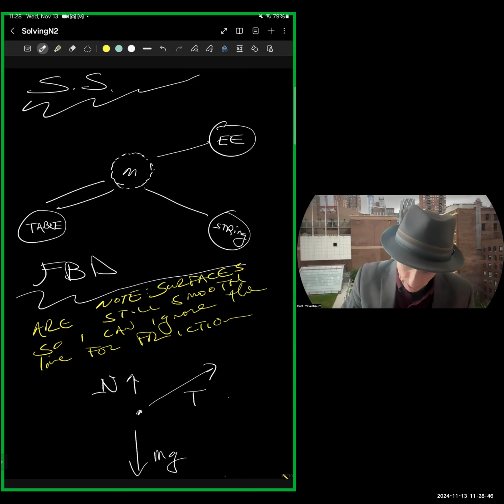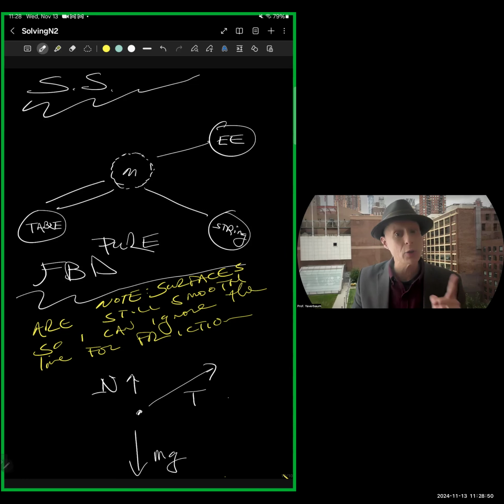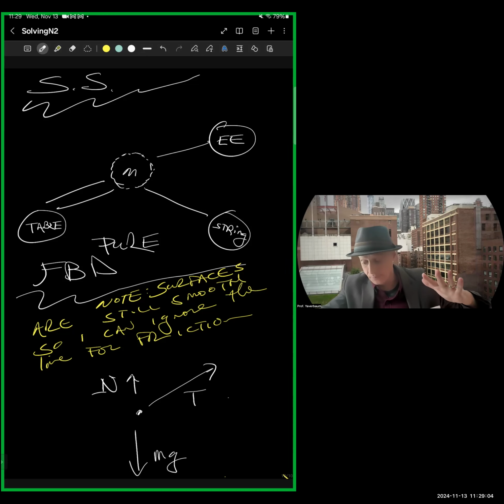This is my pure free body diagram. What do I do now? Remember, I'm now trying to solve a problem. I'm now actually trying to calculate the acceleration of the apple. So the next step, what I want to be able to do is to set up the math. I want to set up F net equals ma, one axis at a time, and add up all the F's, divide by m to get the a.